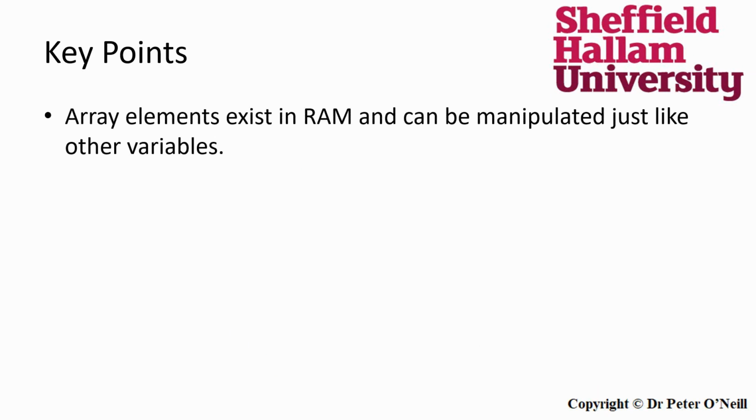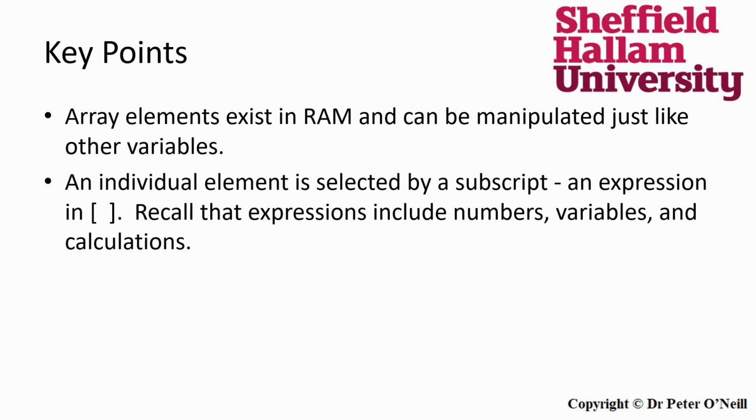So, key points. Array elements exist in RAM and can be manipulated just like any other variables. An individual element of the array is selected by a subscript, or I call it an offset. So it's an offset of the actual variable. And this is expressed in open square brackets and closed square brackets.